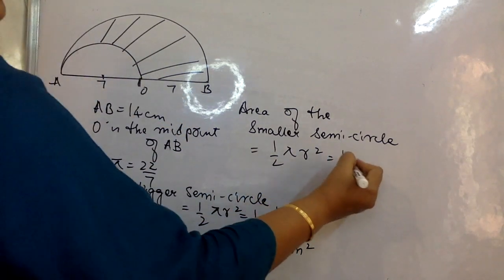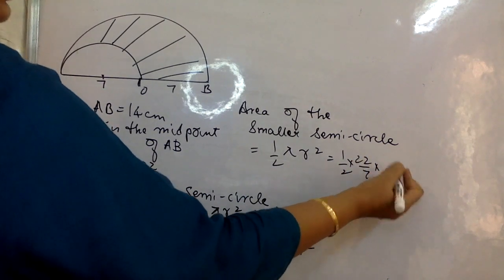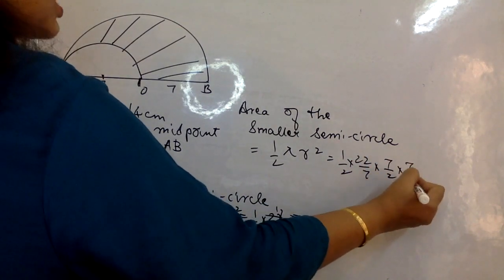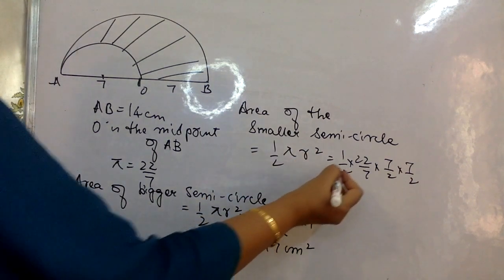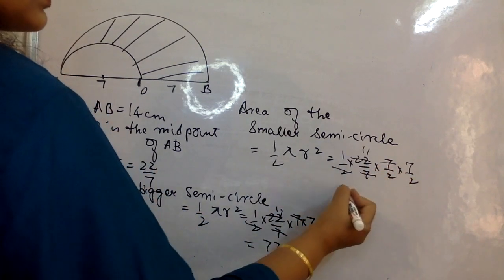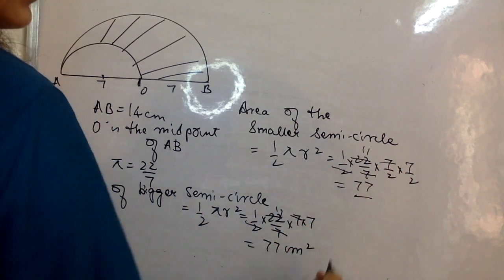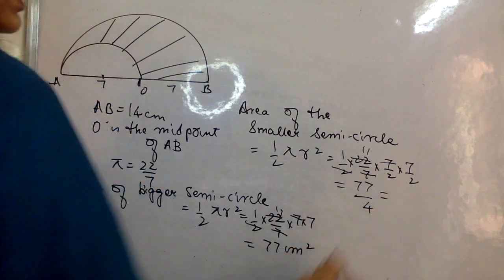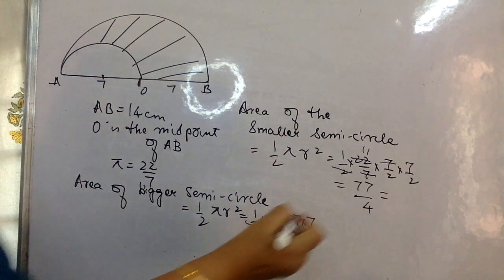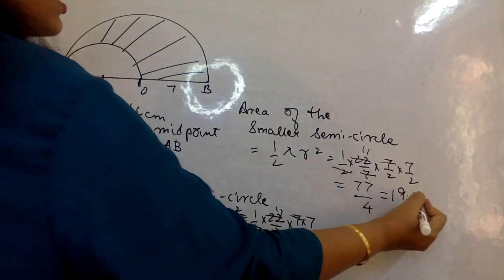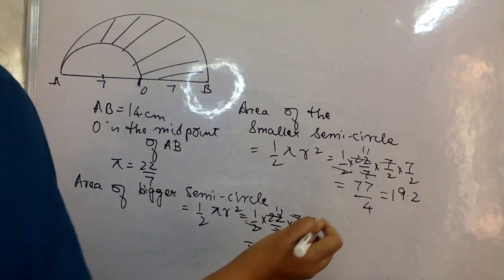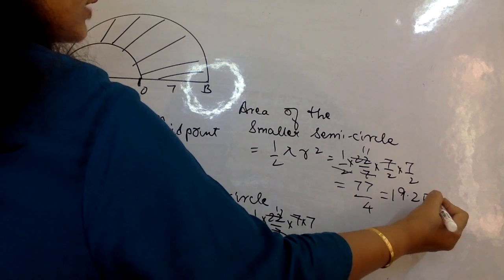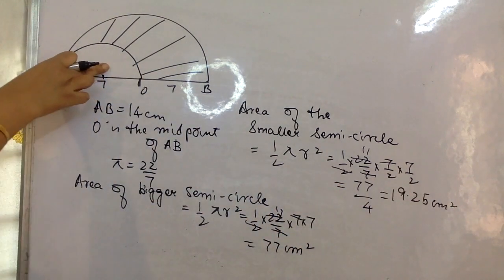So here 22 by 7 into, I can take 7 by 2 into 7 by 2. I keep it as a fraction because it helps me to calculate. So 2, 11, 7, 7. So that is 77 by 4. That gives me 19.25 centimeters square. That is the area of the smaller semicircle here.